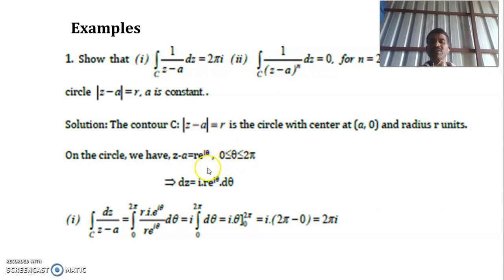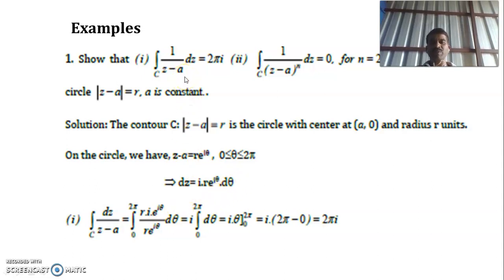Differentiating this, dz: r is constant throughout the circle, and only theta varies, so we differentiate with respect to theta. The derivative of e to the power of i theta is i e to the power of i theta, so dz equals r i e to the power of i theta d theta.